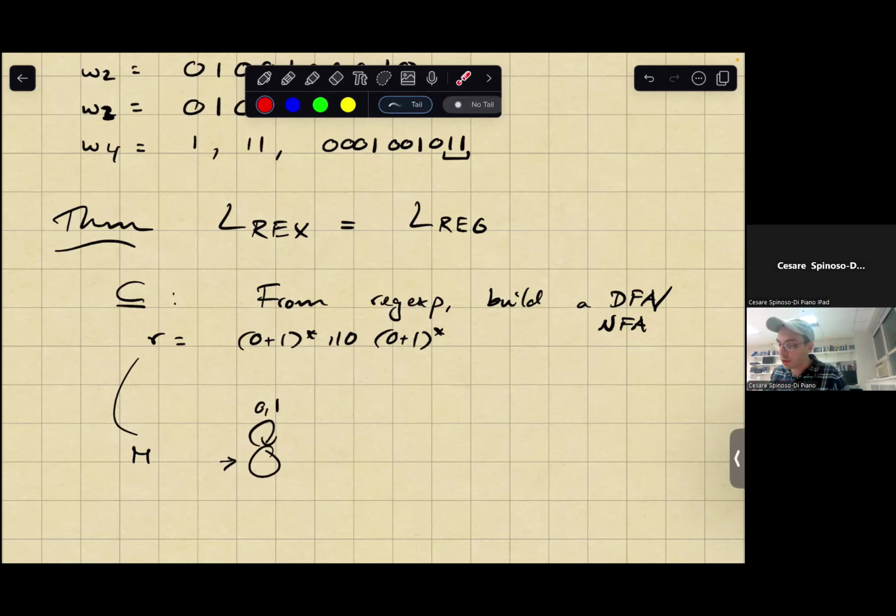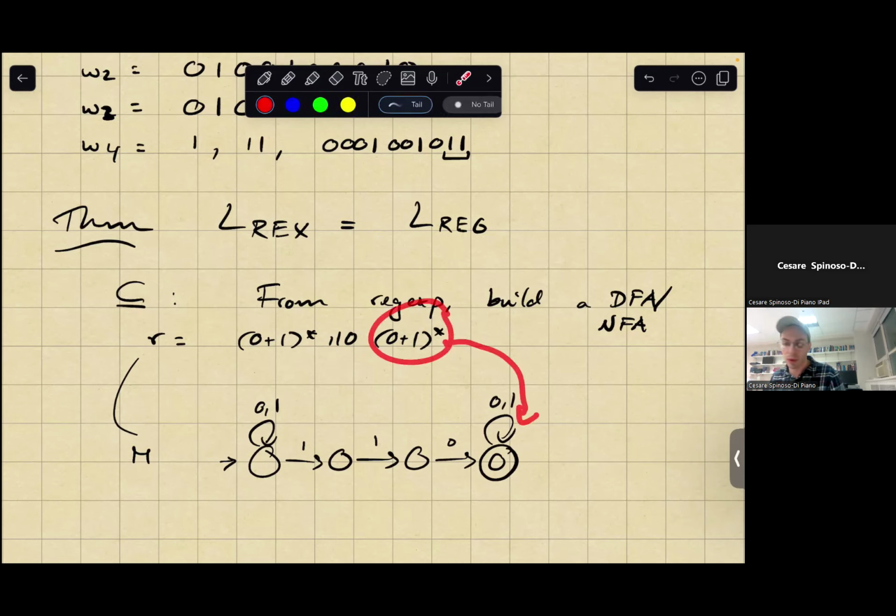So you enforce a 1, 1, and a 0. And then I'm already pretty happy, and I can just allow any other number of zeros and ones, right? So then this becomes my accept state, and I have a self loop because I'm taking the logic of (0+1)* and having it here as well.